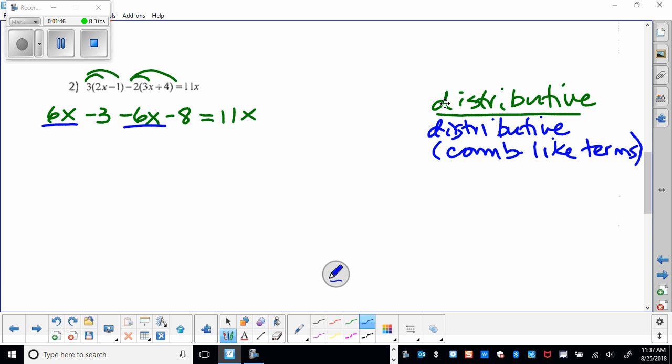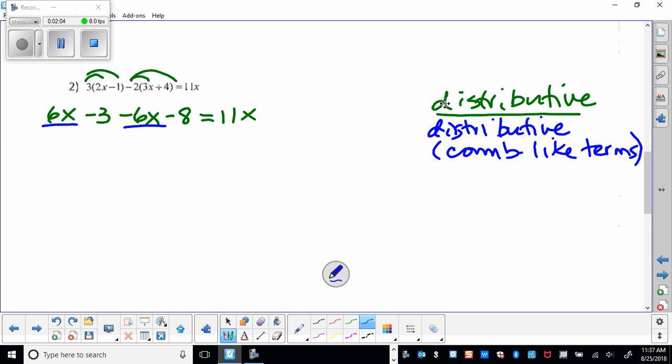It goes backwards and forwards. So I'm using the distributive property again, and so 6x minus 6x is 0 x's, right? And 0 times x, right, that's a 0 property, so that actually goes away.